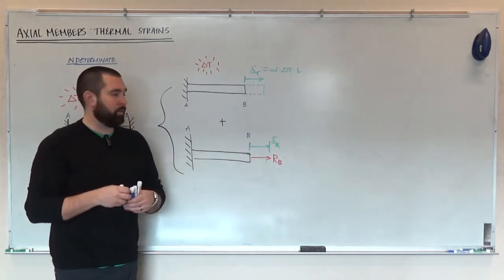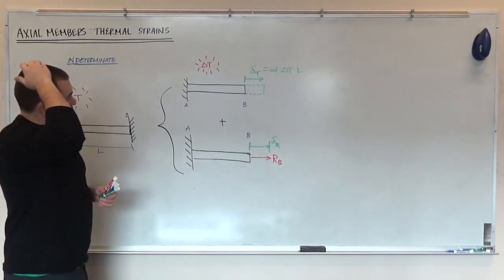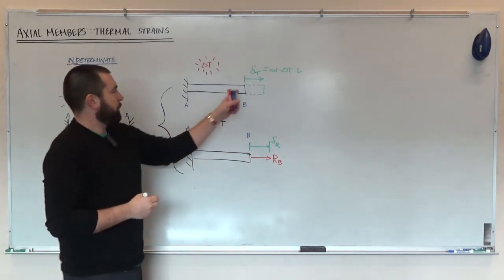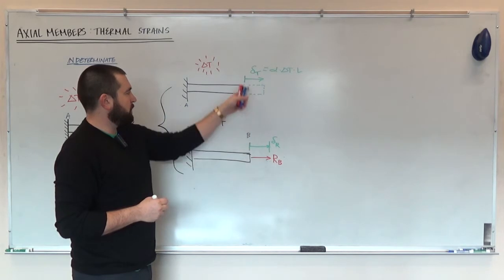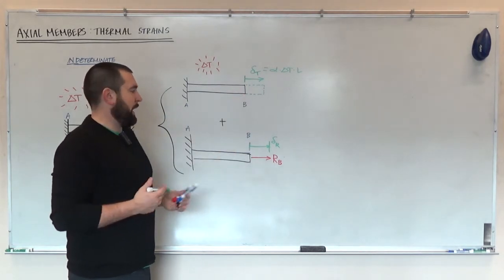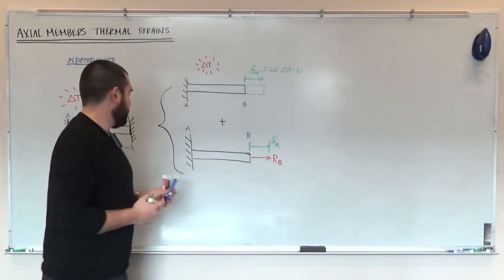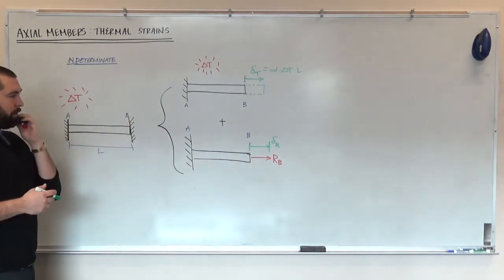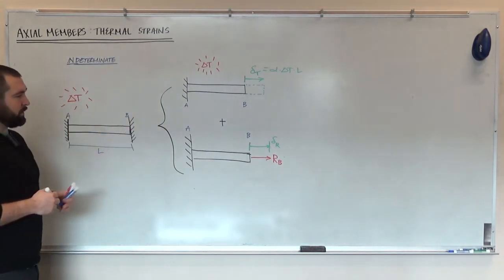Positive is elongation or tension. Okay, so we know that both of these changes in lengths added together has to equal 0, because this point B doesn't get any further, doesn't move at all to the right or to the left.